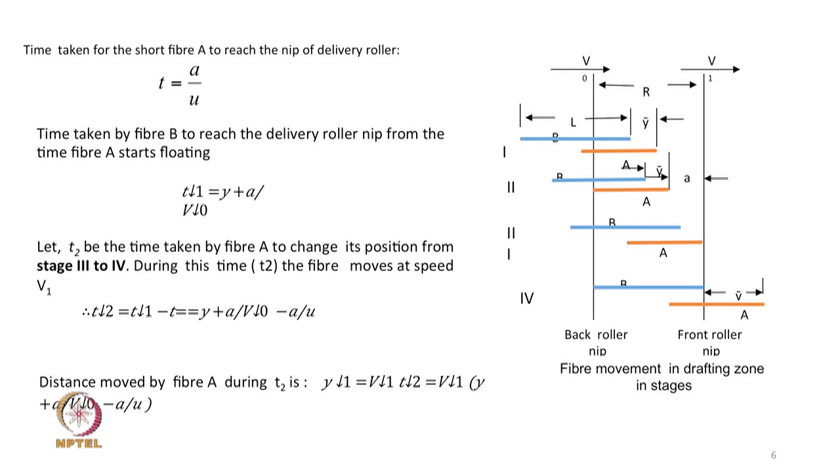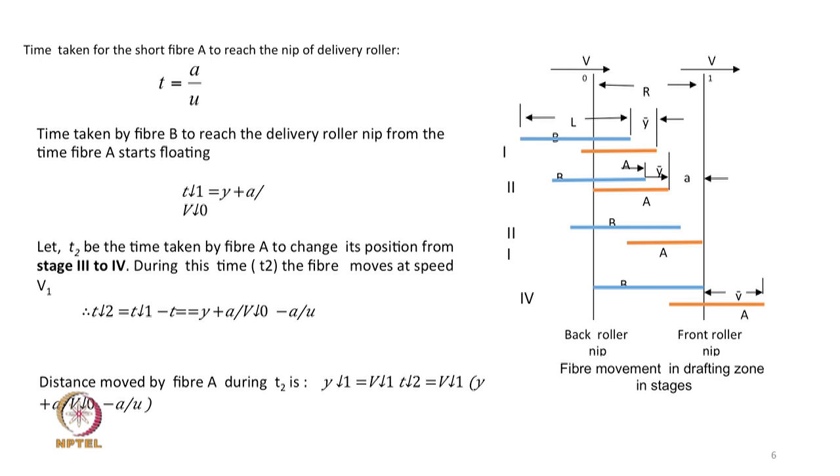So, how much time does the short fiber A take to reach the nip of the delivery roller, or the front roller nip? This time is represented by t, which is a by u, and u is the average floating velocity.